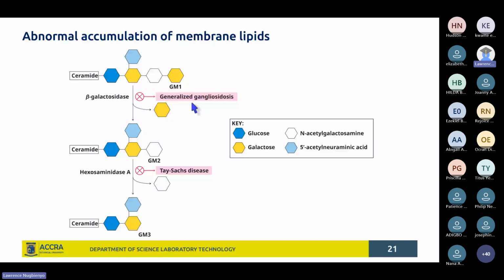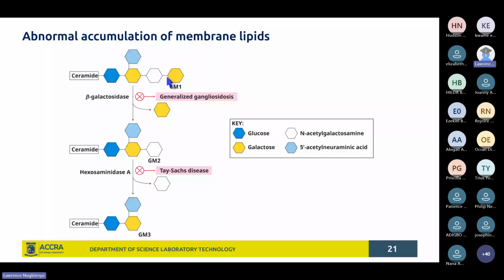Once beta-galactosidase is deficient and cannot break down GM1 to GM2, GM1 accumulates in the system, and this accumulation causes neurodegenerative disorders.